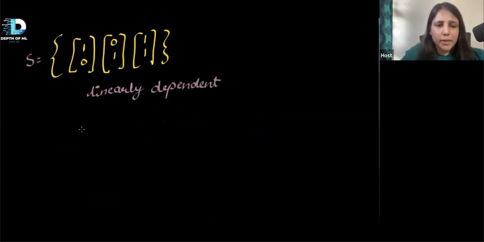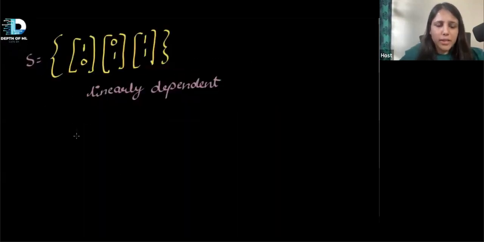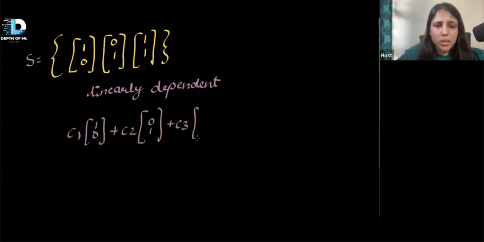If I go with the equation I have written, I will take the linear combination: C1 times (1, 0) plus C2 times (0, 1) plus C3 times (1, 1) should be equal to 0.